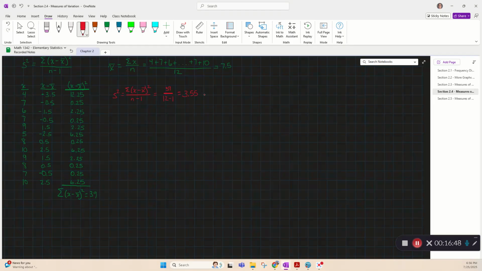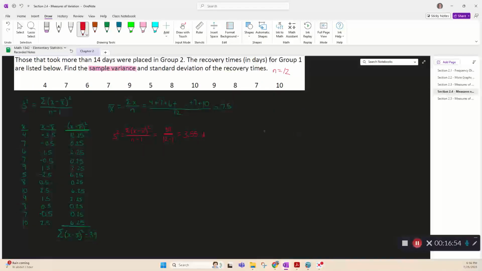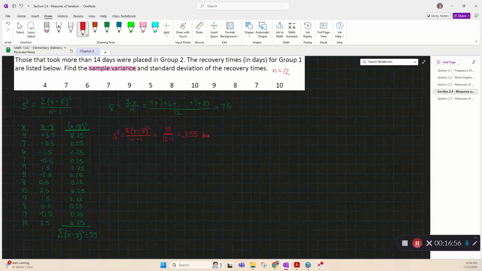And then here, I think these are talking about days, right? Recovery time in days. So 3.55 days squared is our sample variance. Now, if I want the sample standard deviation, that's just the square root of S squared.